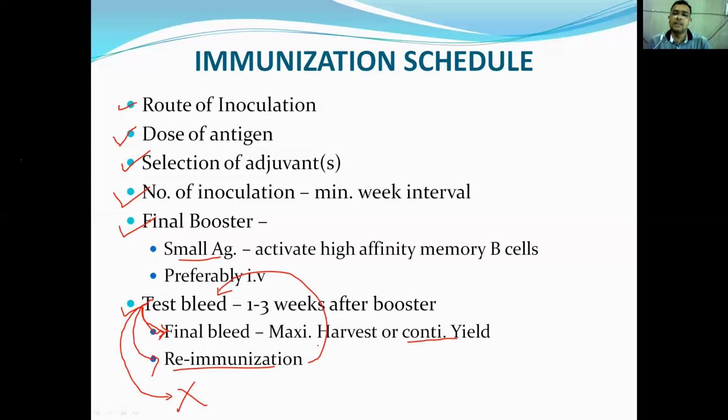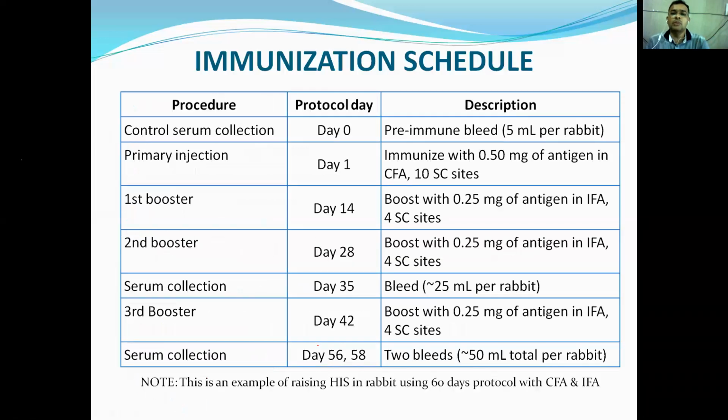So this is the immunization schedule. For your ease, I have kept one immunization schedule, just as an example, where I have given the protocol for raising hyperimmune serum in rabbit using a 60-day protocol, with complete Freund's adjuvant and incomplete Freund's adjuvant, and the route of inoculation is subcutaneous. This may vary. In place of rabbit, we may use mice or some other animal.